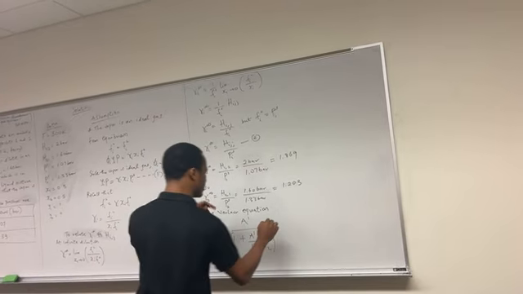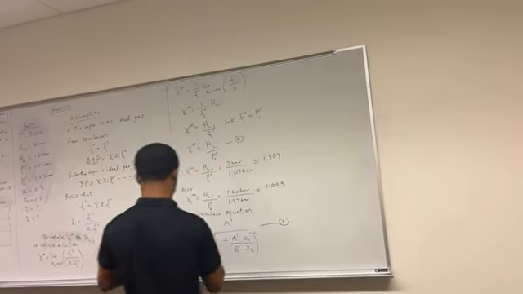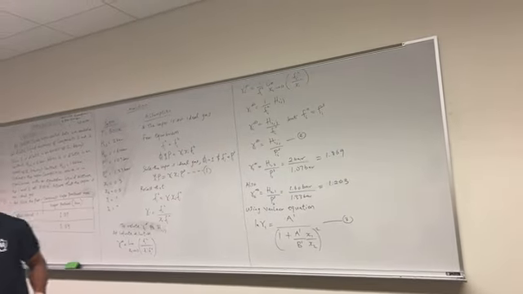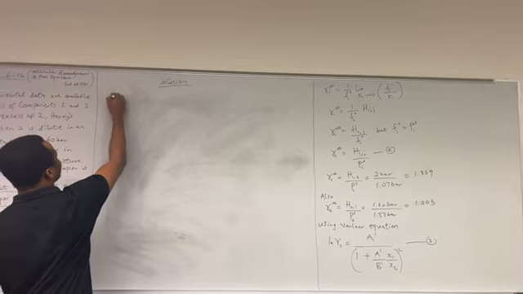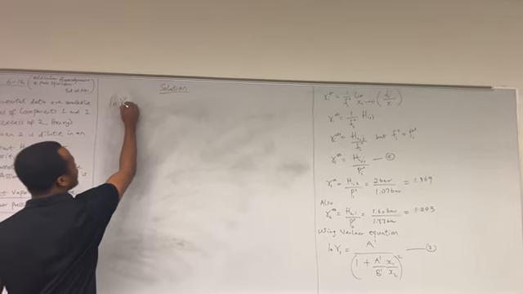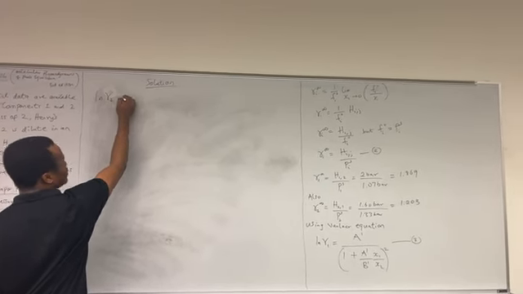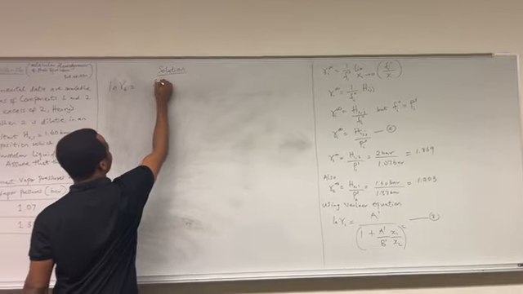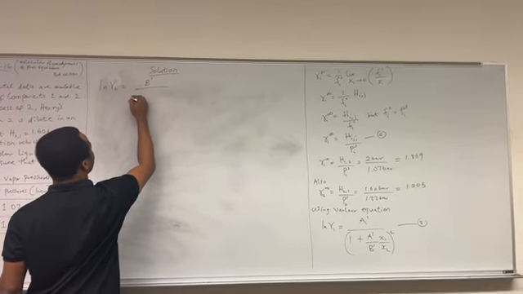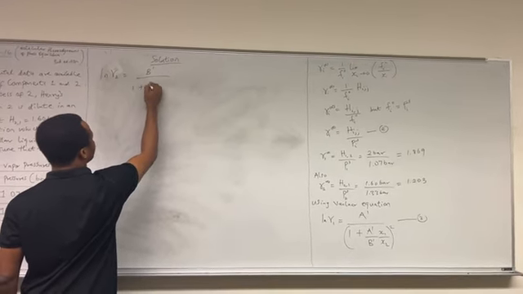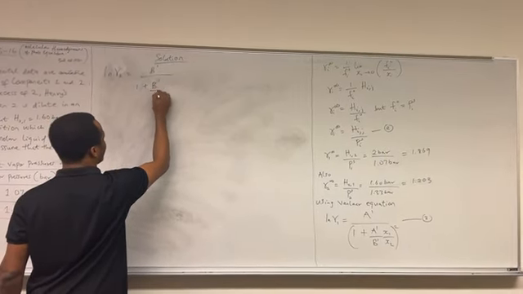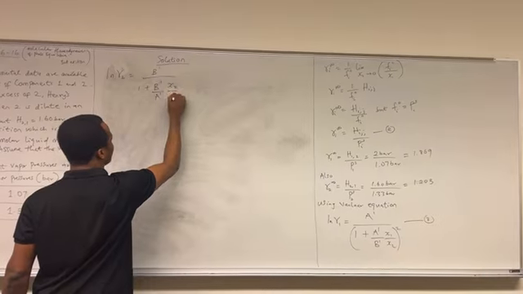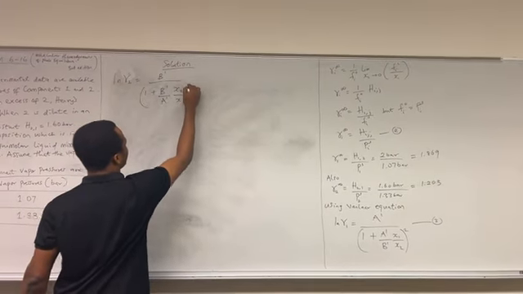Let me call this equation 3. Similarly, ln gamma 2 is equal to b prime all over 1 plus b prime over a prime times x2 over x1, all raised to 2.